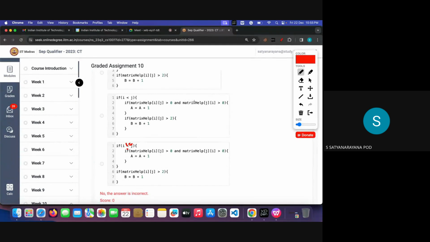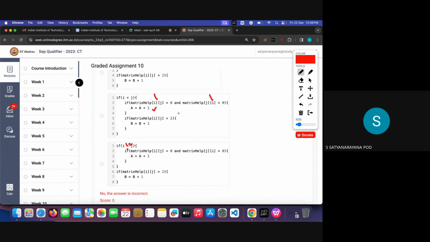Whenever greater than 0, I don't understand whether this is possible or not. Whenever I to j is greater than 0, like the first subject is helping I to j, the second subject j is helping I, then A is increased. Okay.